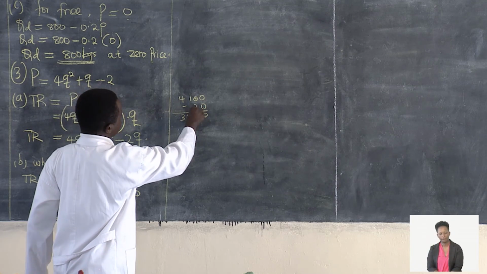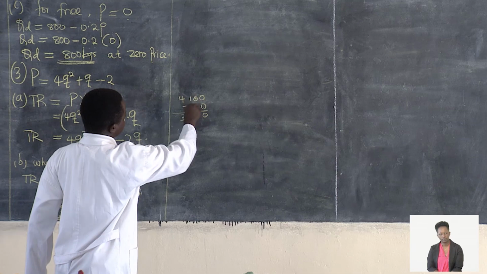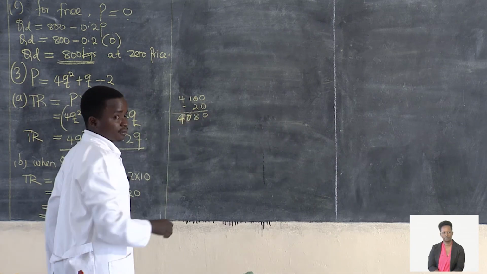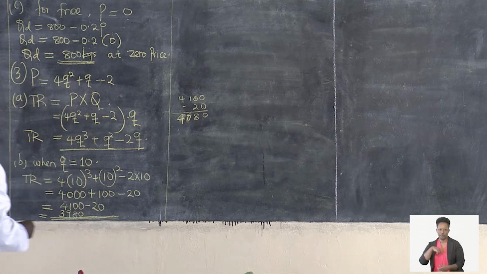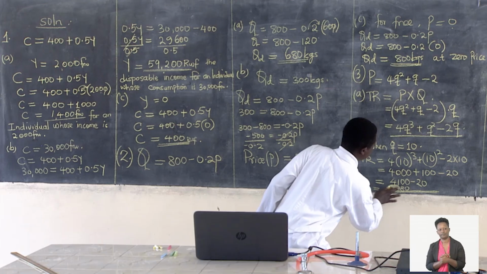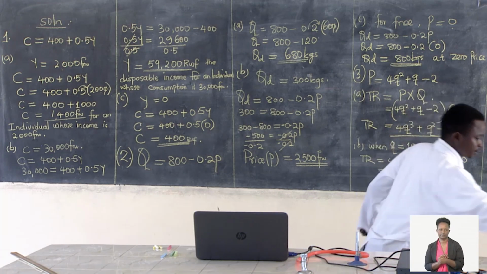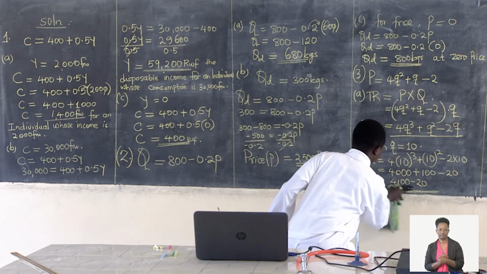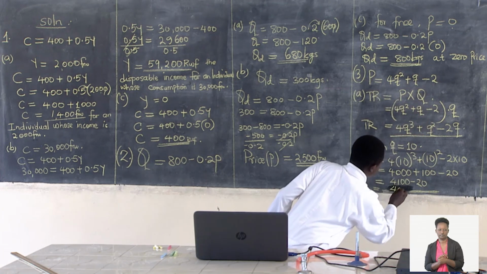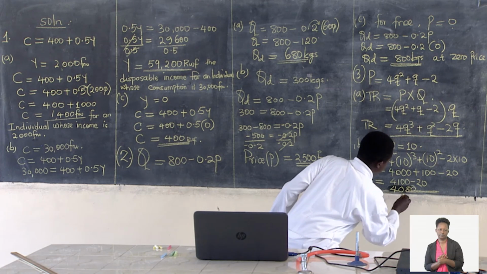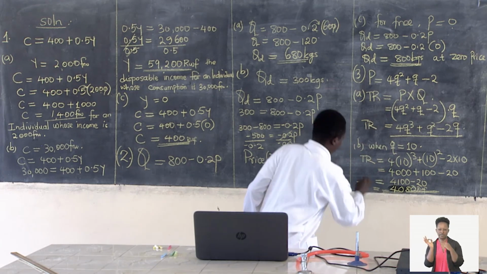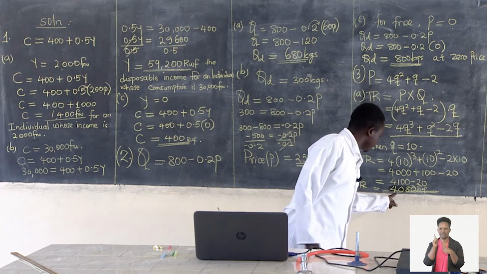Then here we have 0, and then here we have 4. So it is 4,080. So that is our total revenue, 4,080.